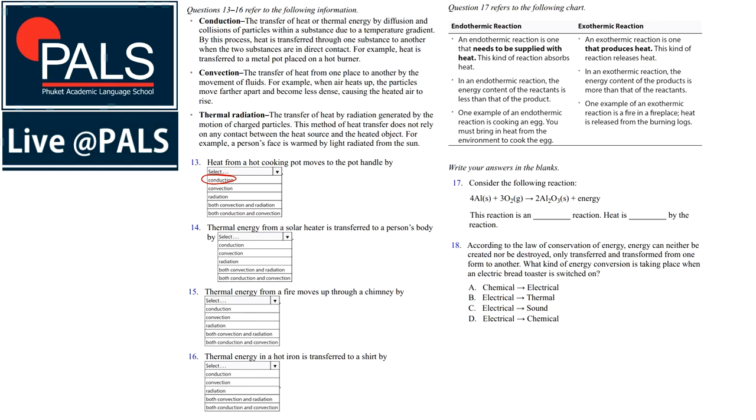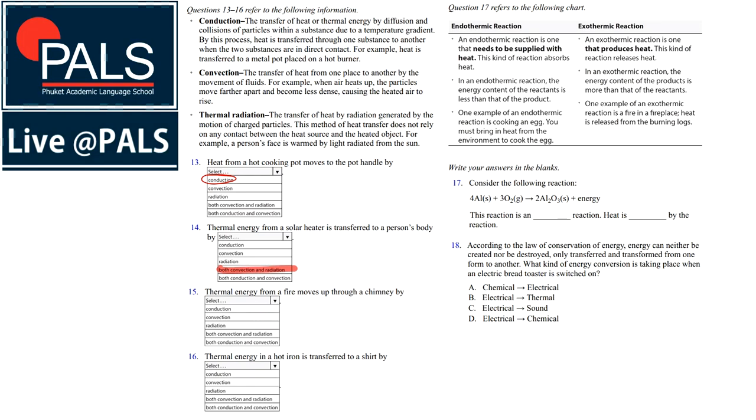So since the solar heater is surrounded by air, we probably have convection, and it will emit radiation as well, so it should be both convection and radiation.